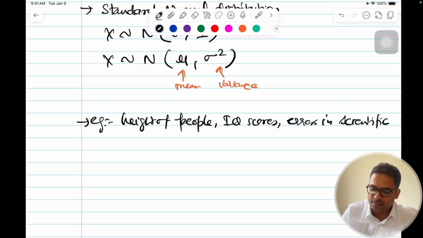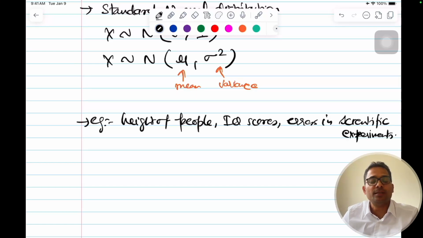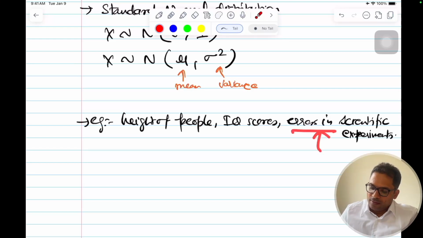This is the basis for linear regression also. One of the most basic assumptions in linear regression is that errors are Gaussian distributed, and the rest of the maths follows after that. I hope Gaussian is clear.